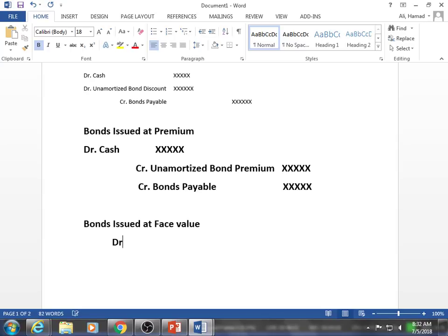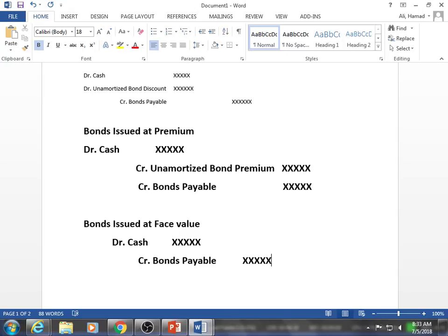We debit cash and we credit bonds payable. So these are the situations.